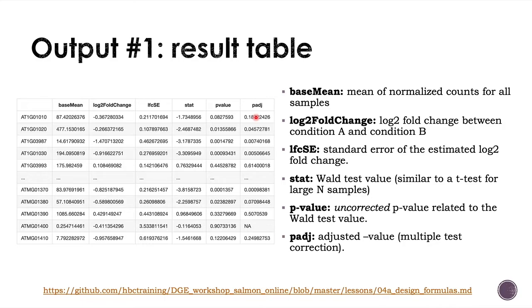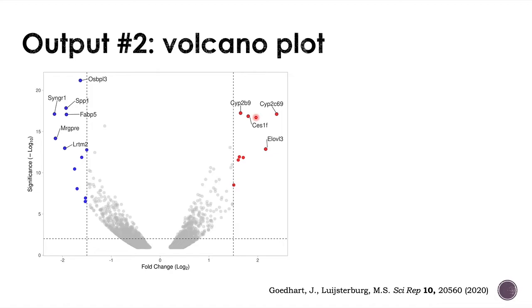So that's your first output, but it's a table, so it's not quite graphical. What you can do is make a so-called volcano plot, which would be output number 2. There are multiple ways you can do that, and one way is to use an online application listed here in this reference. This is the exact representation of the table, but in a graphical way.